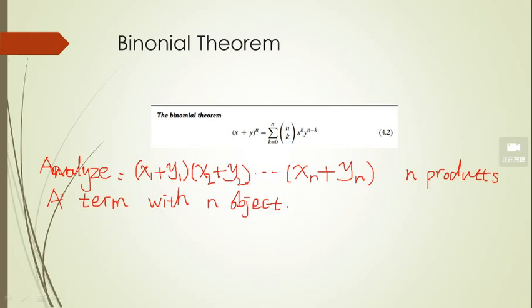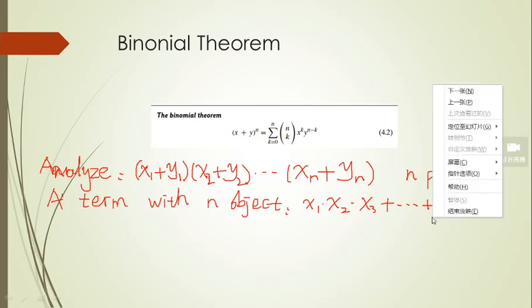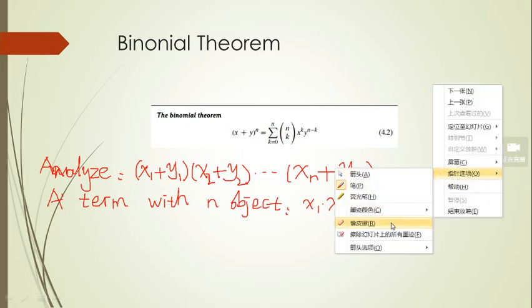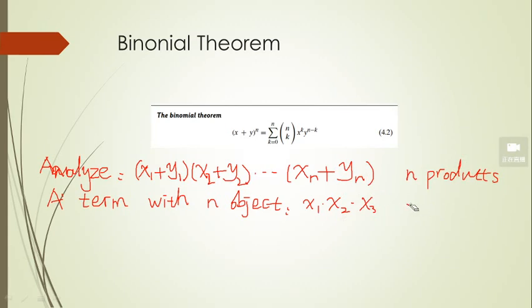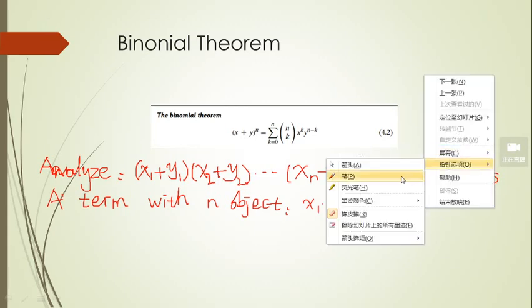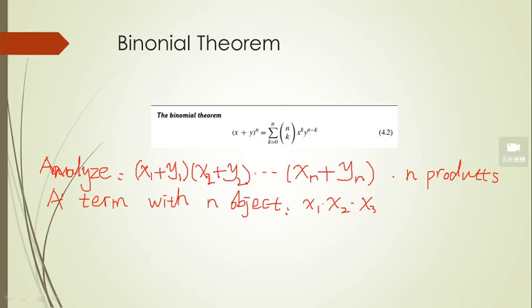So, for example, you can do x1 times x2 times x3. I'm not just talking about one term, okay? Sorry, it's not plus. It should all go through the product. So should be x1, just one example, okay? You can take x1 times x2 times x3 times x4 until times xn.